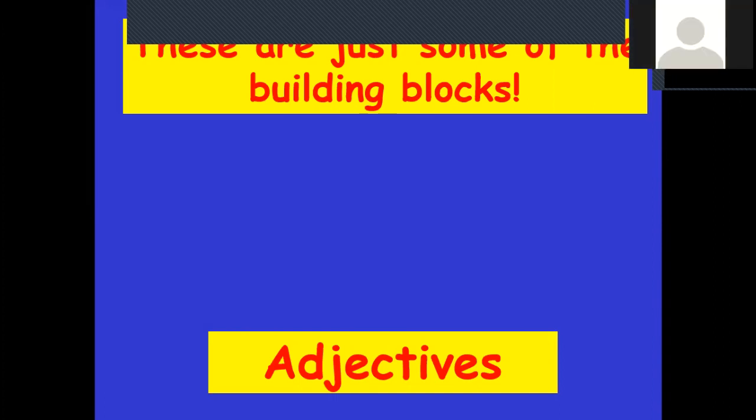Kata sifat. Yeah. So what does it describe? What does that kind of word describe? Does it describe an action or an object or a person, like a noun? Is it an object? Very good. It describes an object. It describes a noun. Good. Thank you.